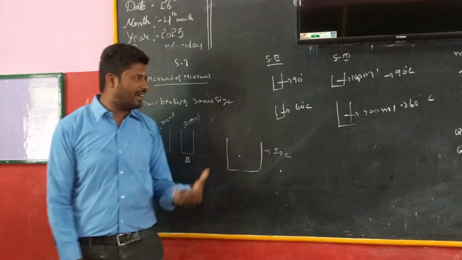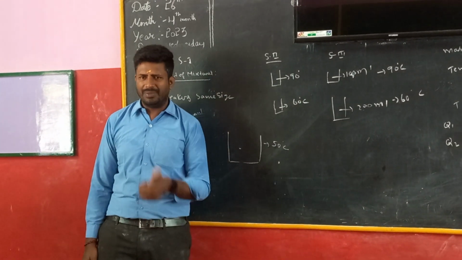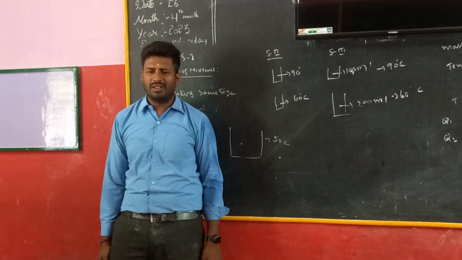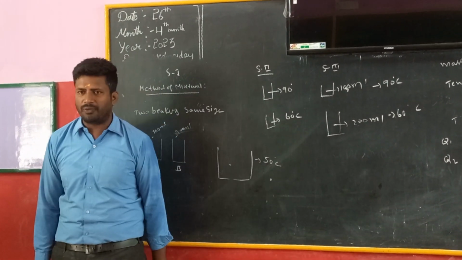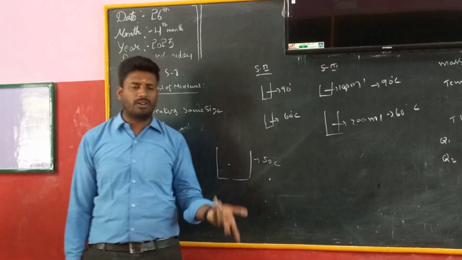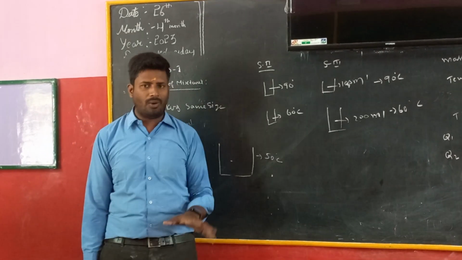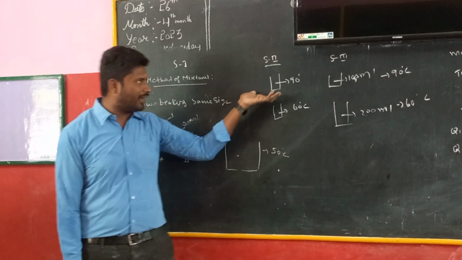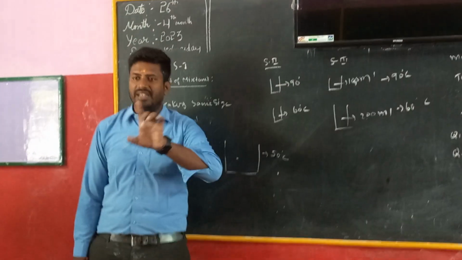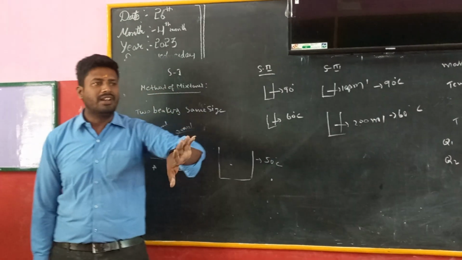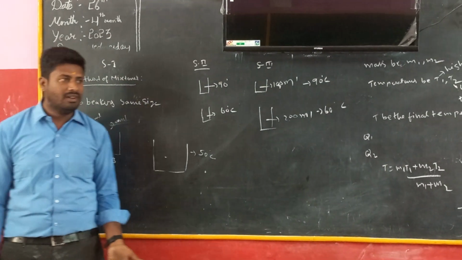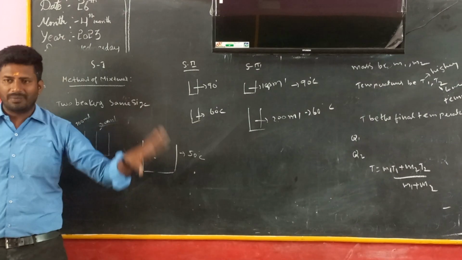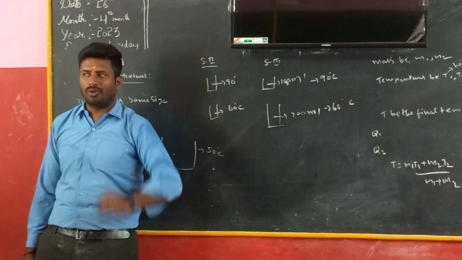Let us suppose we have three temperatures. The temperature of the hotter sample is T1, the temperature of the colder sample is T2, and the temperature of the mixture is T. Then the temperature change of beaker A is T1 minus T. Always, the resultant temperature change is the highest temperature minus the lowest temperature.